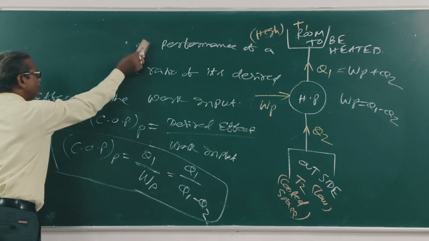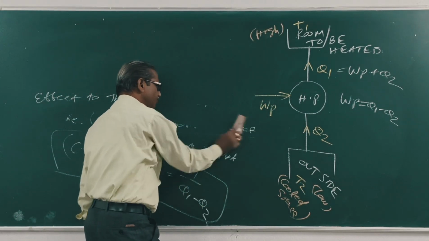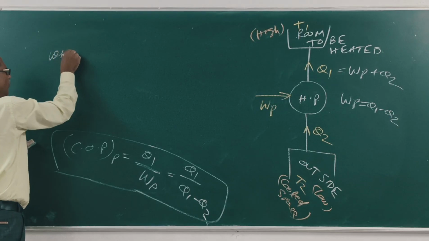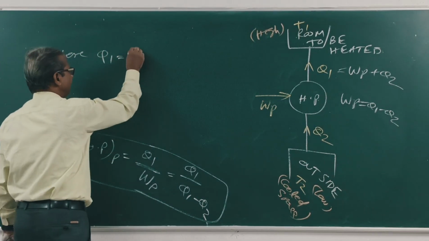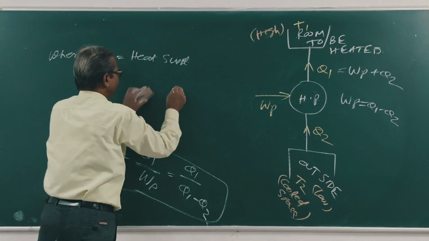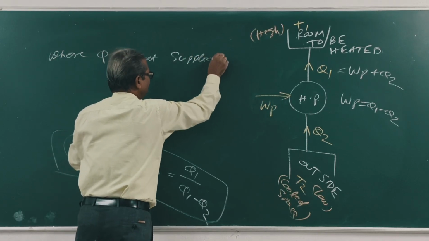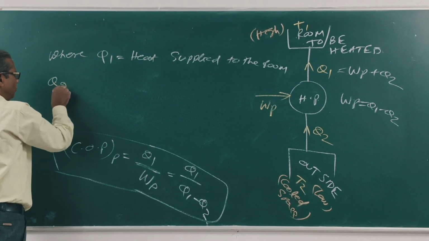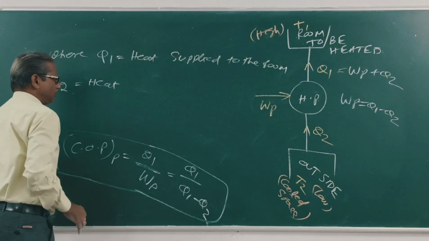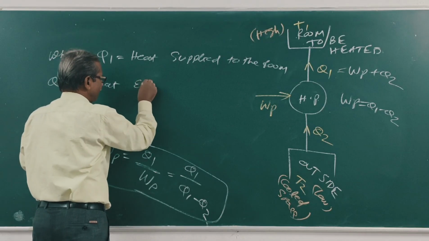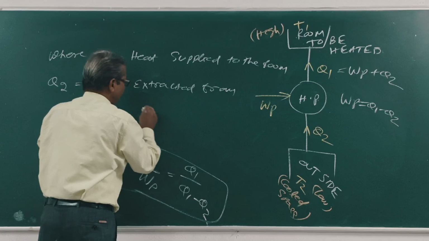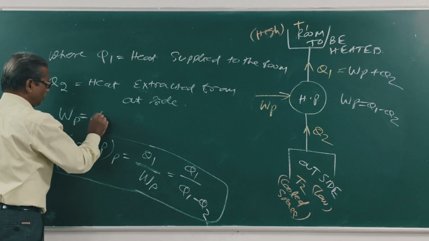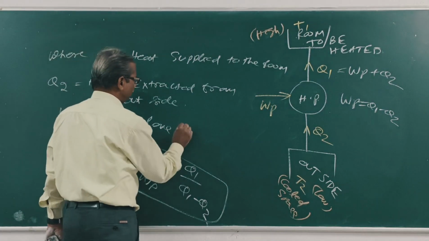Where Q1 is equal to heat supplied to the room, Q2 is equal to heat extracted from outside, and W is the work input, work done, which is equal to Q1 minus Q2.